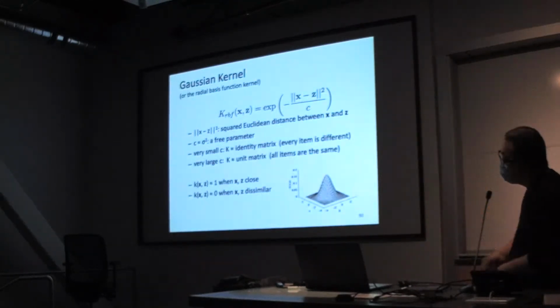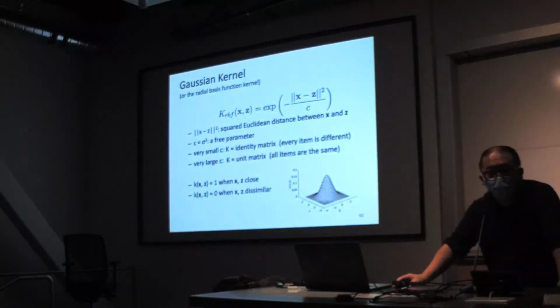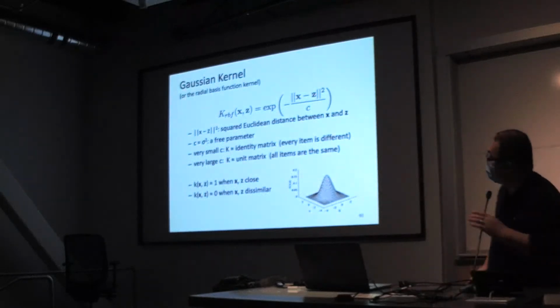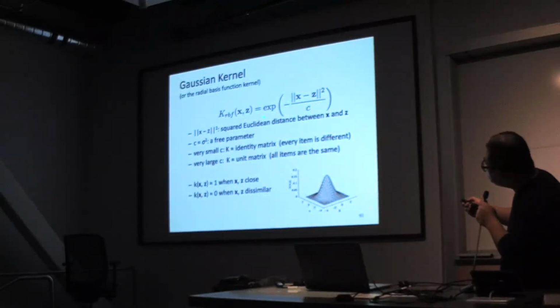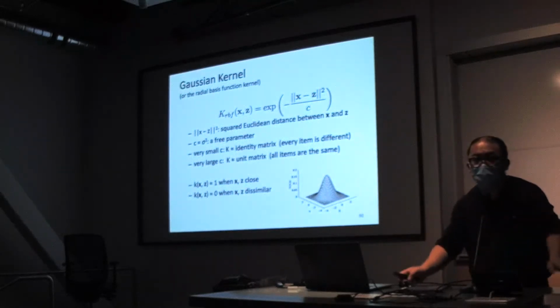Here is a very commonly used kernel. It's called the Gaussian kernel. Why is it called Gaussian? Because the kernel function looks like the Gaussian distribution density. You take the exponential of minus a fraction, where the numerator is the squared Euclidean distance between inputs x and z, and the denominator is a hyperparameter c you're going to choose.